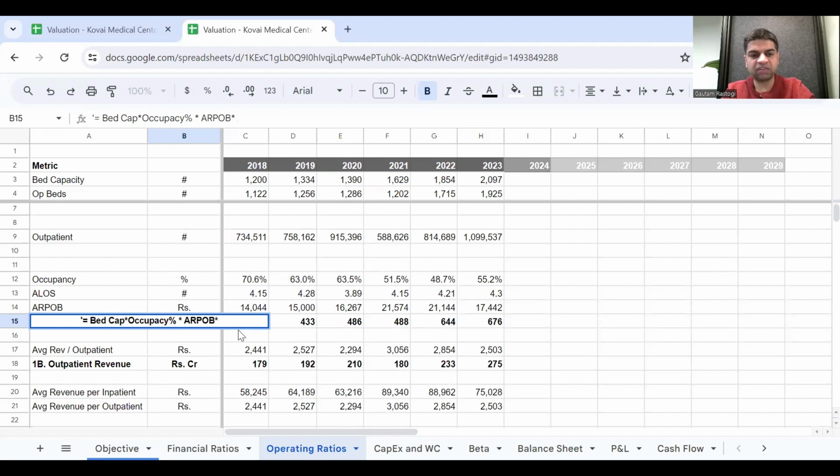Then you need to multiply it by 365. So you just have to project out these three parameters: bed capacity, occupancy, and ARPOB. And then using them, you can back out the number of inpatients, and even the ALOS as well. So let's do that. Let's use this formula.